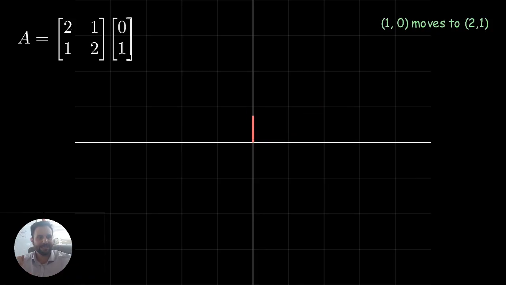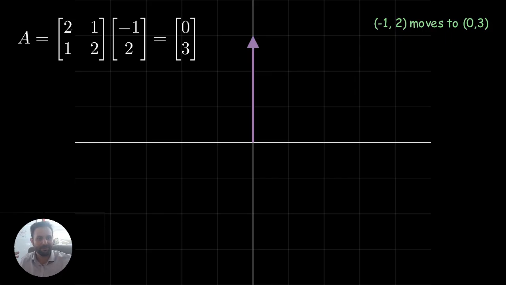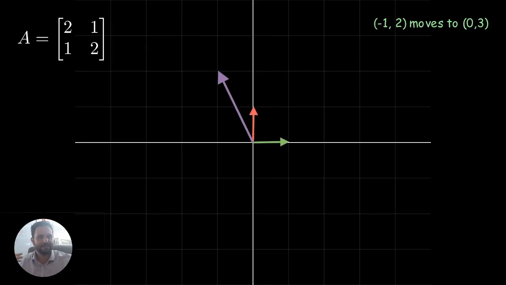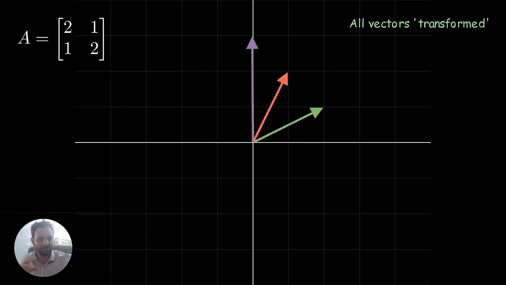If I take another one, 0 1, this red arrow, and when I multiply, I go to something else. If I take some arbitrary negative 1 2, it goes to some arbitrary vector 0 3. So we just mentioned that all of these vectors after matrix multiplication go to new places.